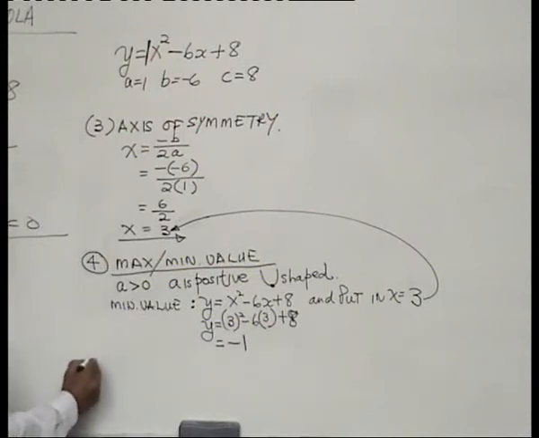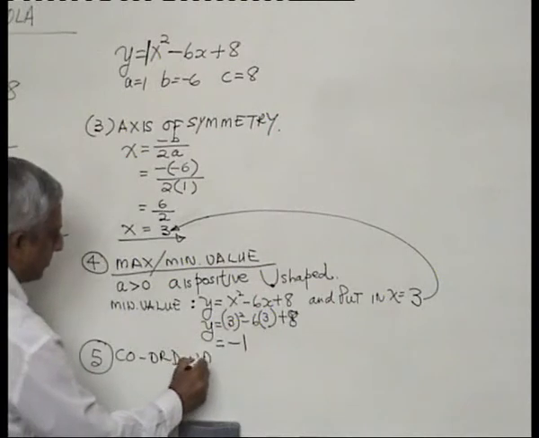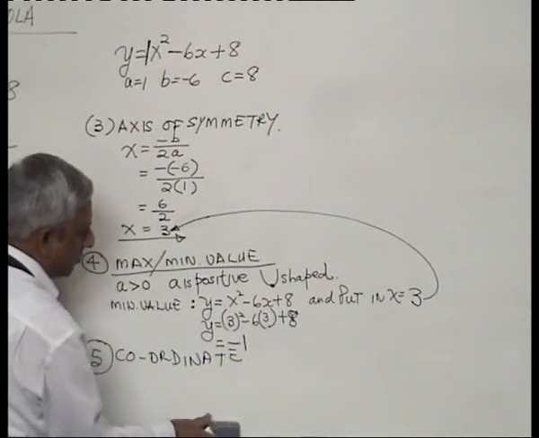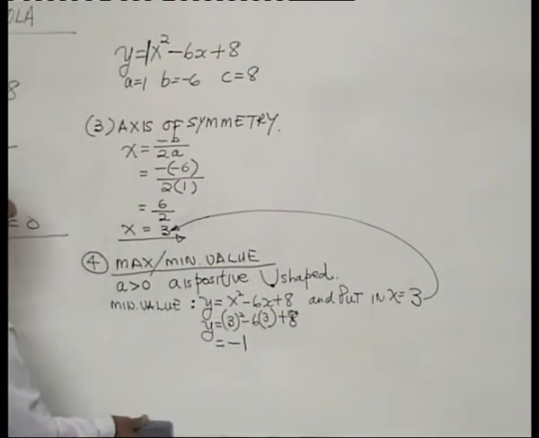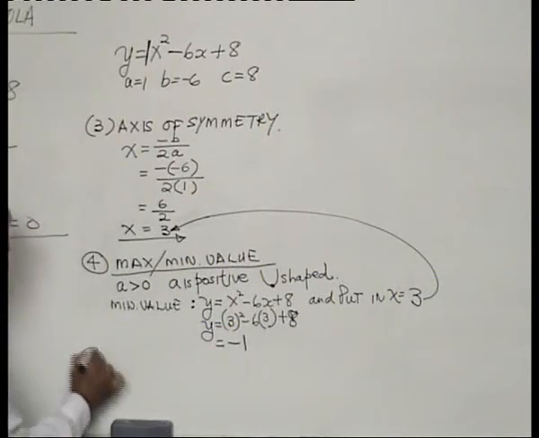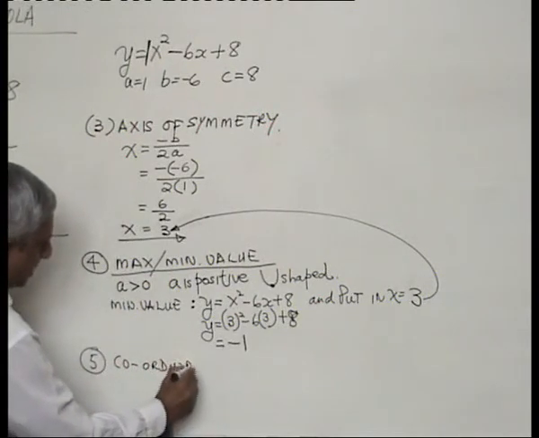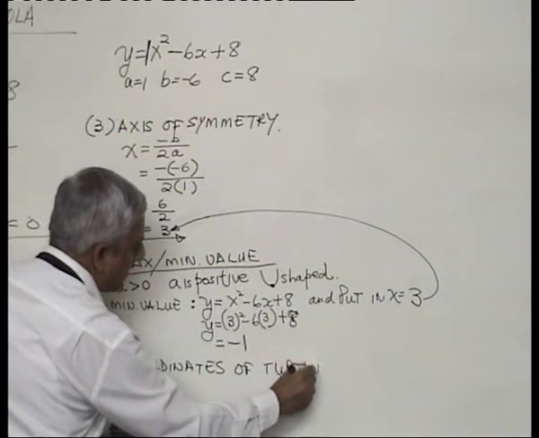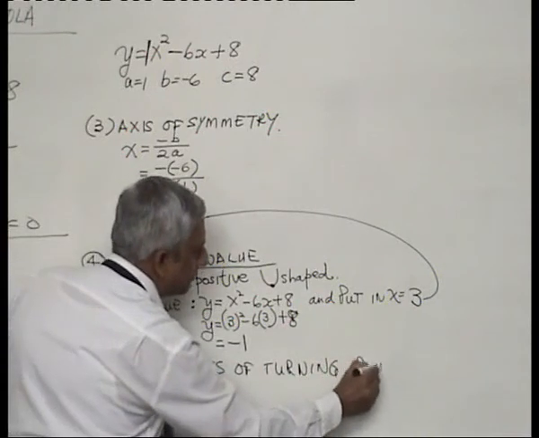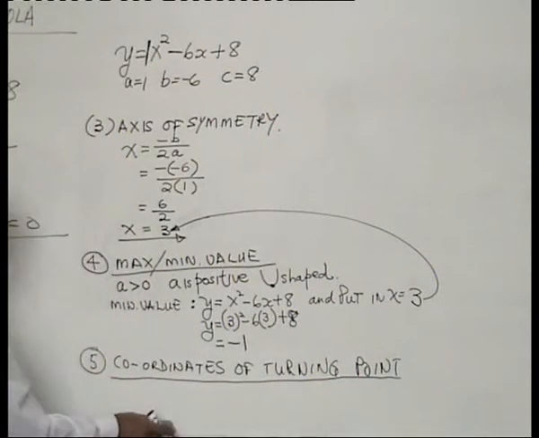Right, and finally, the last step, number 5: we want to find the coordinates of the turning point. This is very easy.